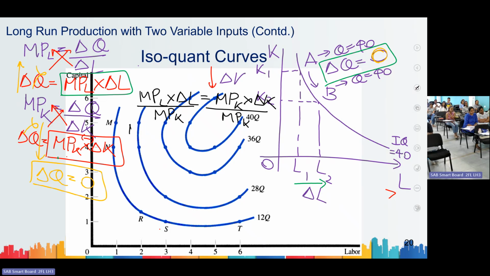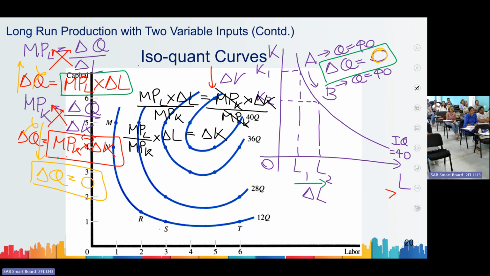Then we have MPL over MPK into delta L equals delta K. This MPK to MPK gets cancelled out. Then let's bring this delta L to the right hand side.